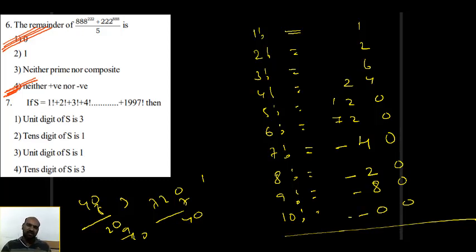So we need to add only the earlier ones. The sum ends in 13, so the unit digit is 3 and the tenth digit is 1. Now I can say that the tenth digit of S is 1 and the unit digit is 3. I can go with options 1 and 2.